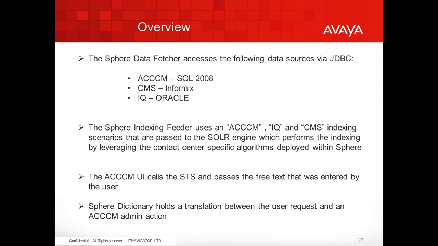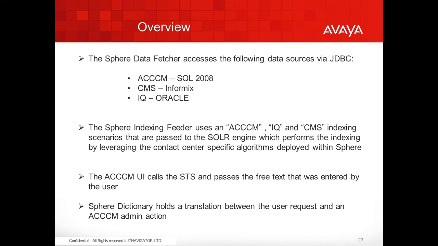So the data fetcher, the component within ACCCM that is responsible to fetch and index the data, was enhanced, and now it includes libraries to support an Informix integration for the CMS database. The CMS is using an Informix database in the back end, and the IQ leverages an Oracle database server for its database backend.